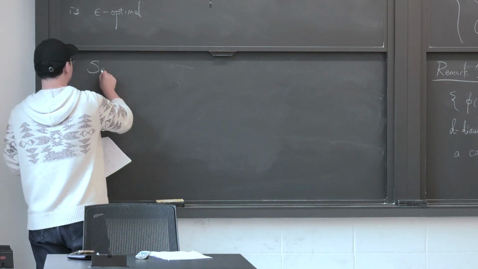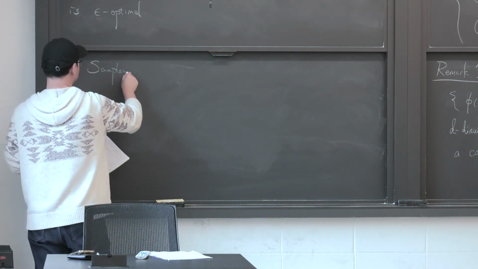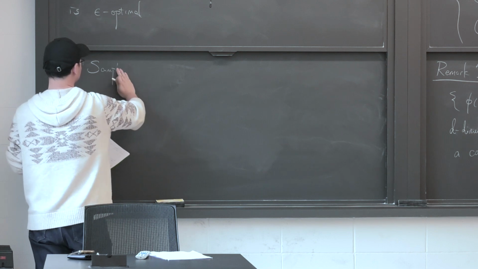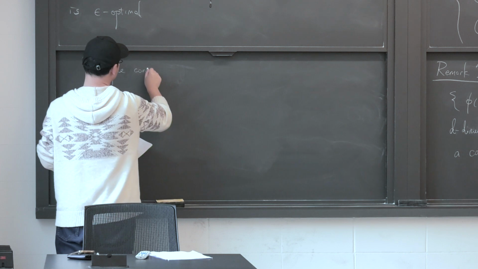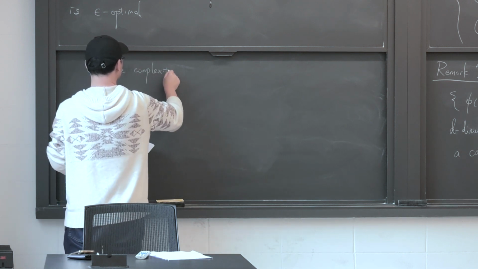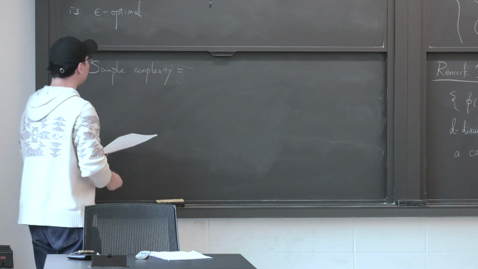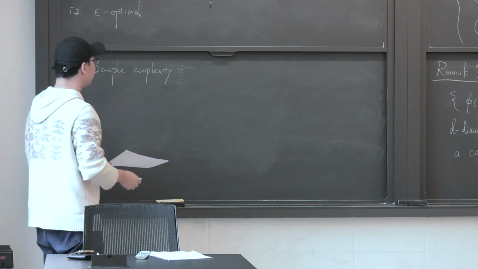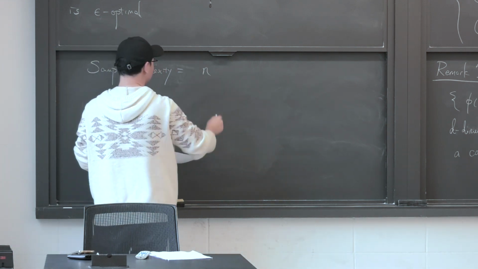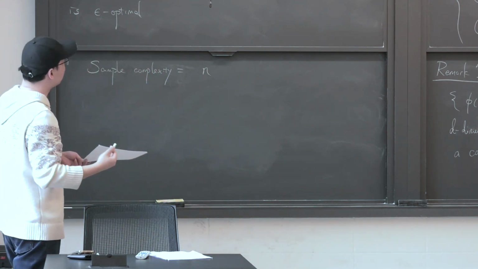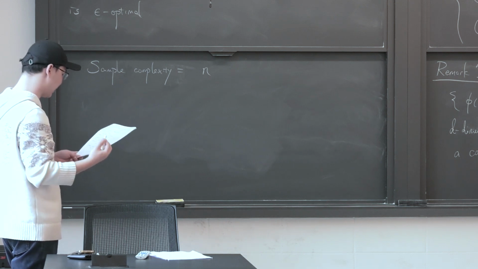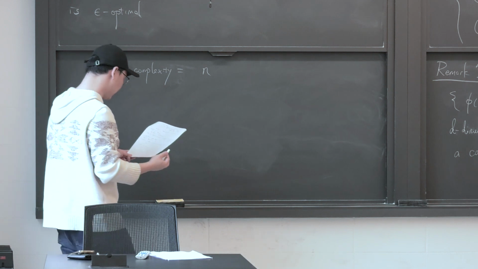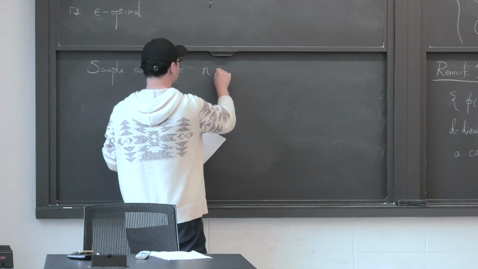So we can talk about the whole sample complexity. We note this n is just the number of queries we will make for each state action pair inside the core set. So we first need to multiply by the number of steps.